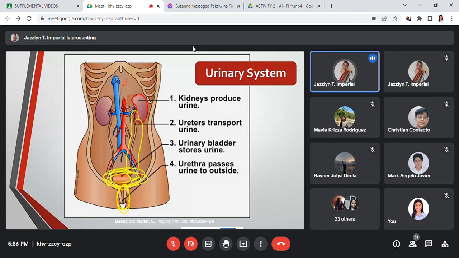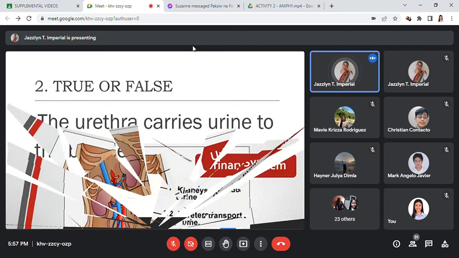So the bladder stores urine, the urethra passes urine outside to the environment. The ureter transports urine from the kidney to the bladder of your human urinary system.